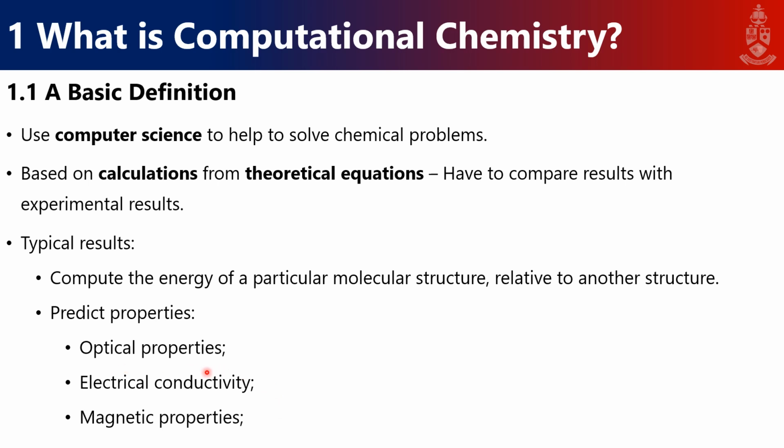Remember, optical means electromagnetic radiation's interaction with matter. In other words, how will something react to electromagnetic stimulation? It's optical not in the sense of your glasses, but in terms of chemistry, it's more electromagnetic radiation stimulation. Electrical, I'm sure you know that, and magnetic properties.